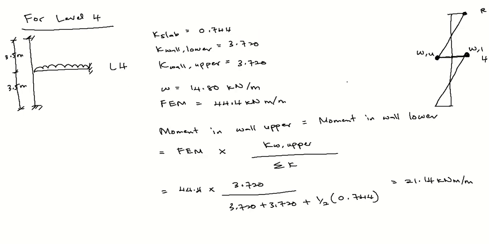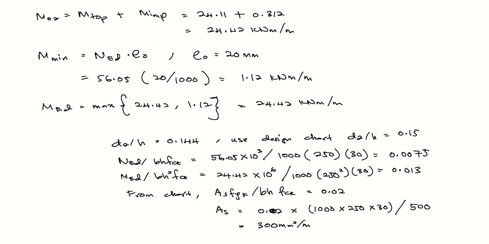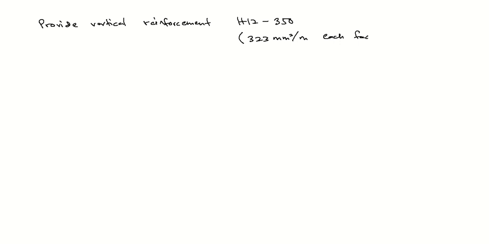So basically, for the last step here, we can use the same thing: provide vertical reinforcement H12 at 350, which is 323 millimeters square per meter in each face.